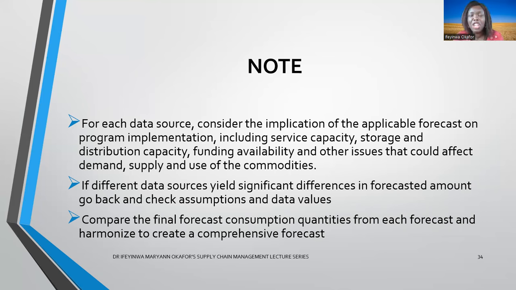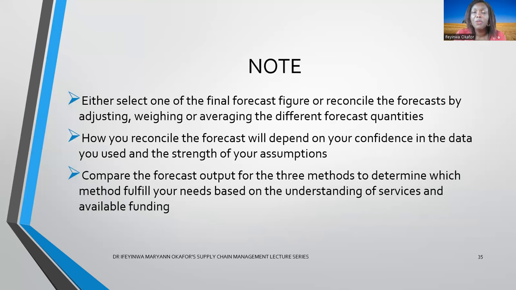If different data sources yield significant differences in forecasted amounts, go back and check assumptions and data values. I've said this before. Then compare the final forecast consumption quantities from each forecast and harmonize to create a comprehensive forecast.